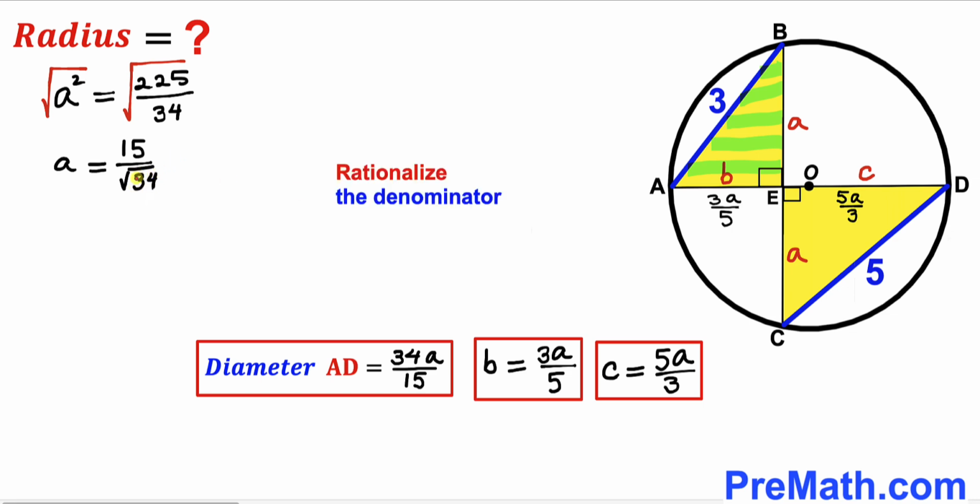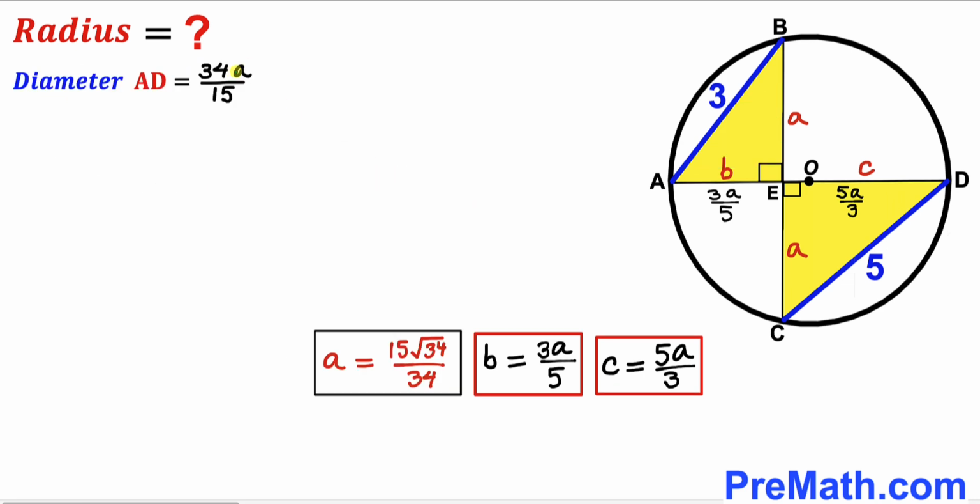And now we are going to rationalize the denominator by multiplying and dividing by square root of 34 at the very same time. So therefore our lowercase a value turns out to be 15 times square root of 34 divided by 34.